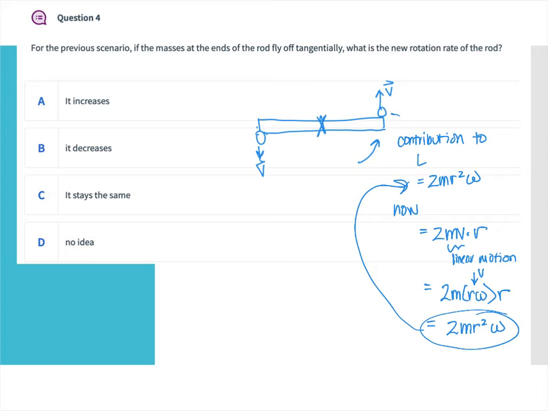I think our first instinct is that if the beads fly off, we would think that the rod would slow down, because we're almost thinking of them being lost to the system. But we would still think about their contribution to the overall angular momentum, and it turns out that even when I write it in terms of their linear motion, their overall contribution to the angular momentum is exactly the same as it was the moment before they flew off the rod. And so the rotation rate of this system is not going to change.